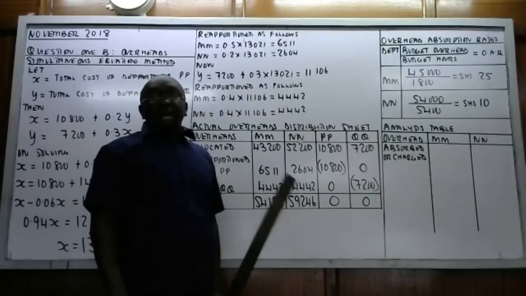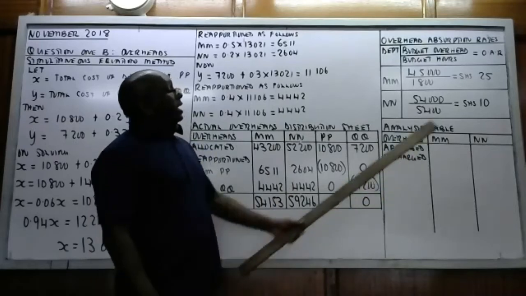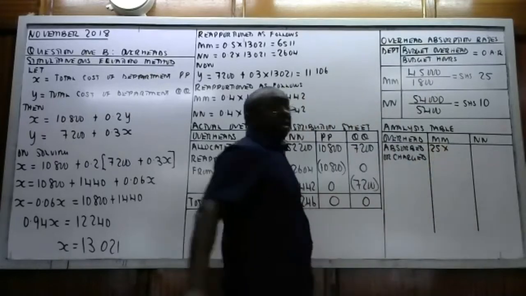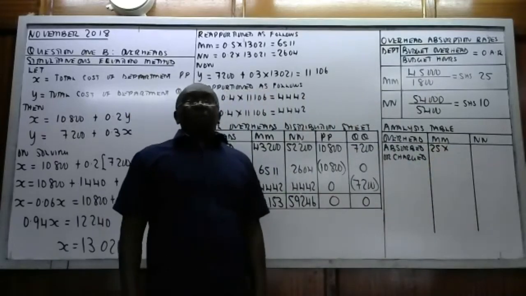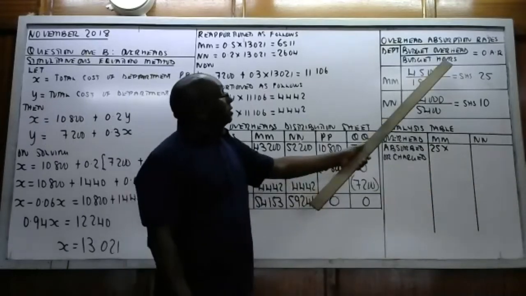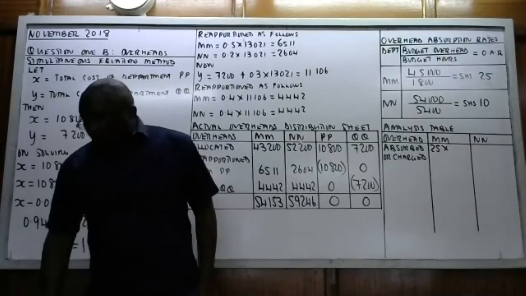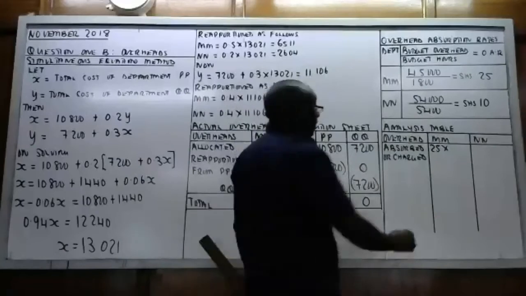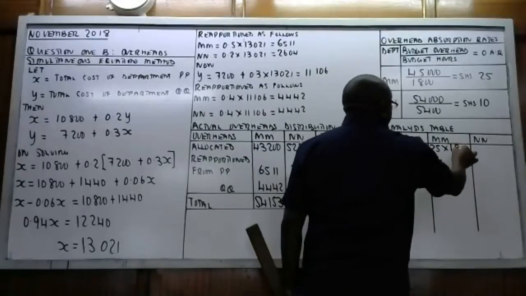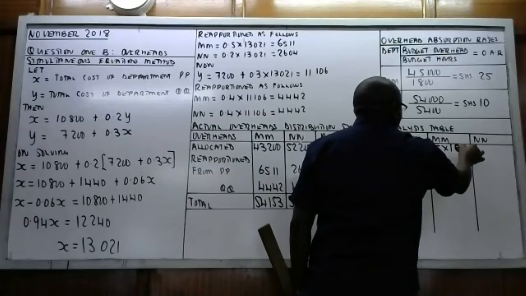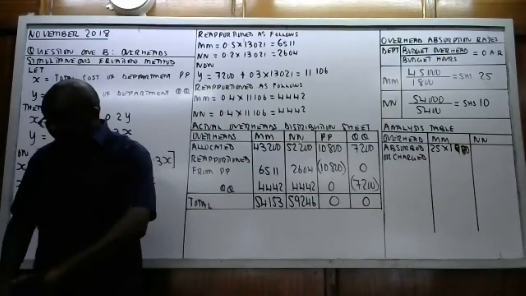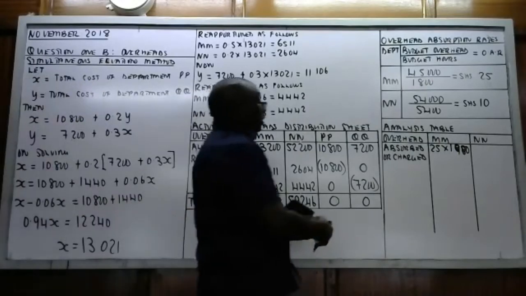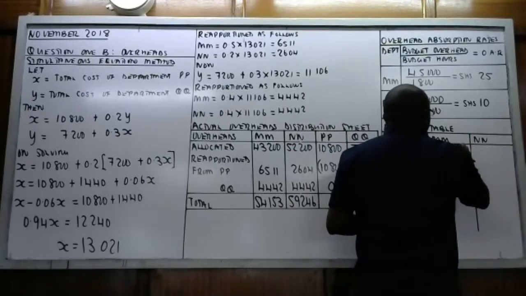And how do you get the absorbed? It is the OER times the actual outcome of the base. The base was hours. And if you look at the actual hours were 1980.